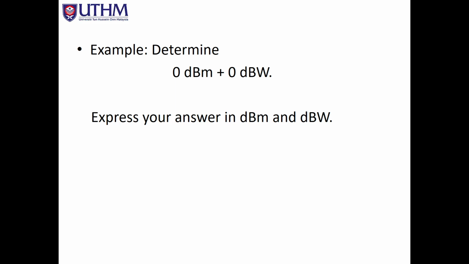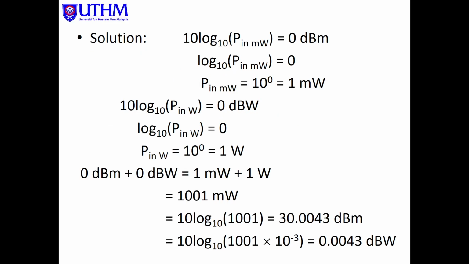0 dBm plus 0 dBW. Also, this is not allowed because this is power in milliwatt, this is power in watt. You cannot do direct summation. You must convert into power. So what you need to do is do the conversions here. 0 dBm, convert into power in terms of milliwatt.